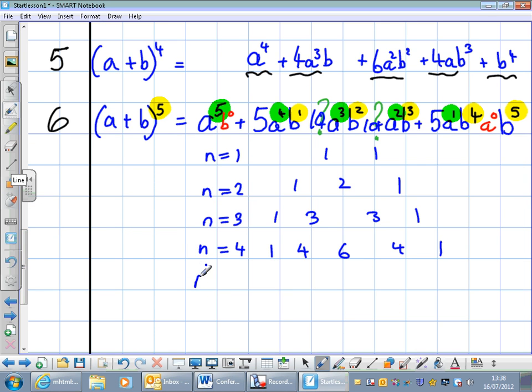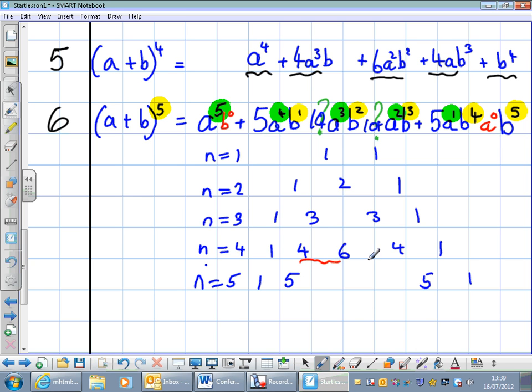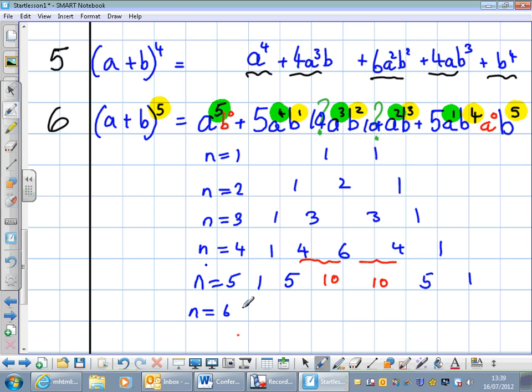And we saw that when we raised it to the power 5, we got 1 and 1 at the end. We got 5 here and 5 here. And to find the other 2, well, we look at the 2 above. So it's going to be 10 and 10. Which suggests now, if we were to say 6, we would get 1, 6, 6, 1.